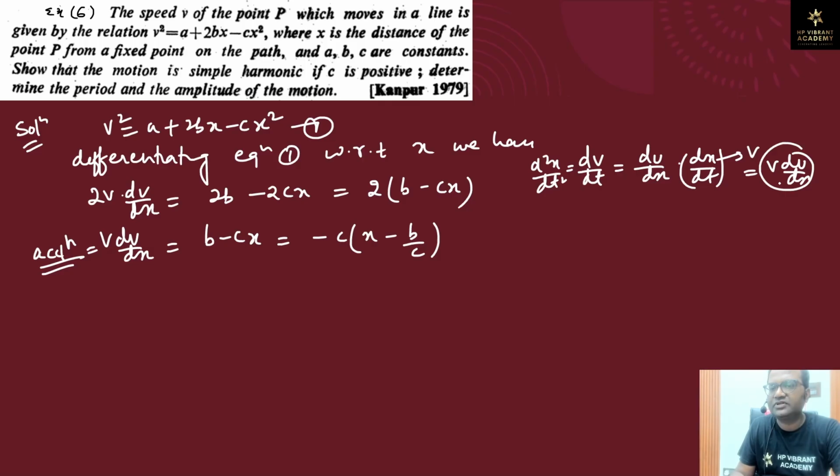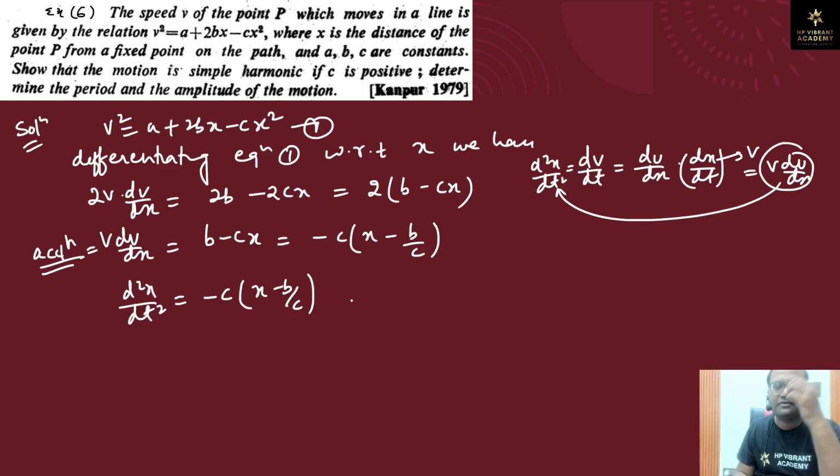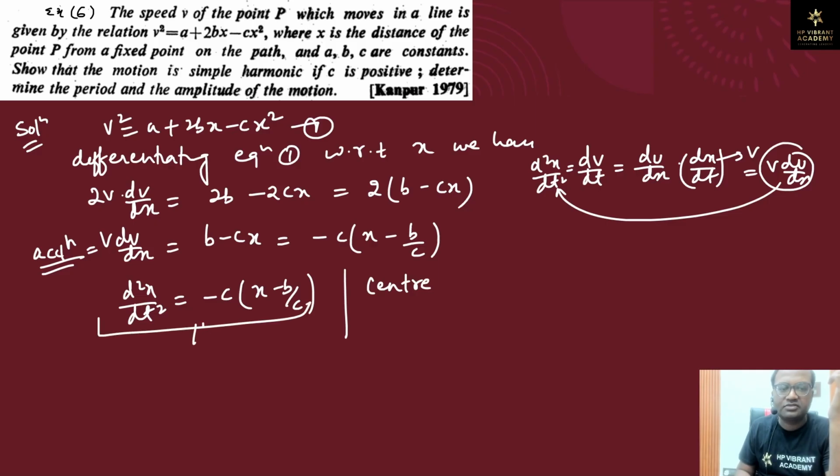So we can replace v dv upon dx with d2x upon dt square. So we have d2x upon dt square is equal to minus c into x minus b upon c. So the center of force is b upon c, and we can compare this equation with the standard equation d2x upon dt square is equal to minus mu into x.